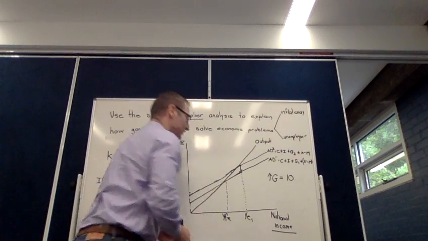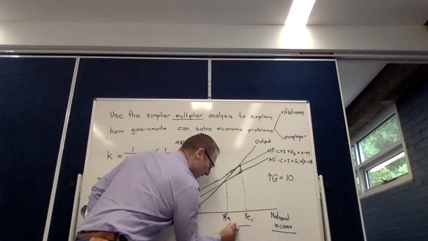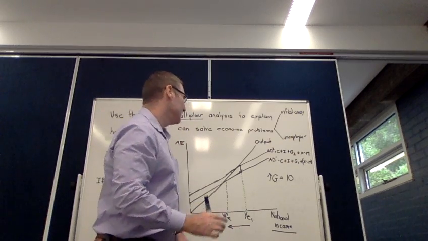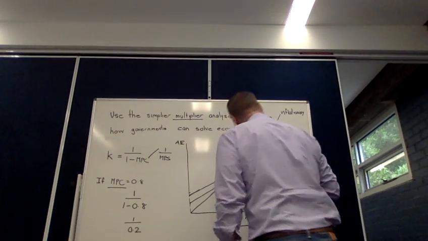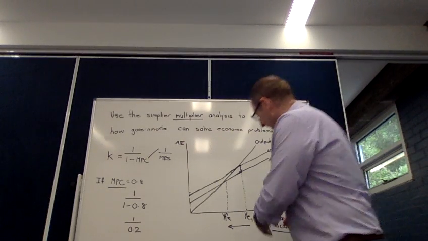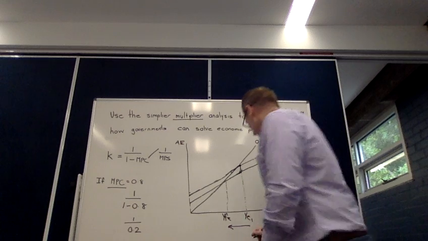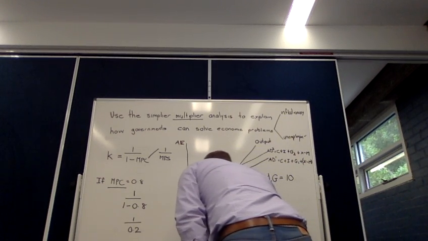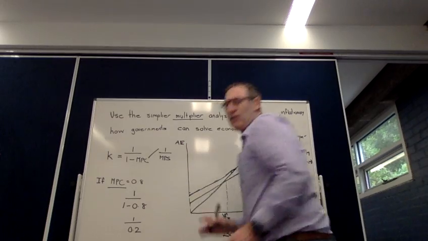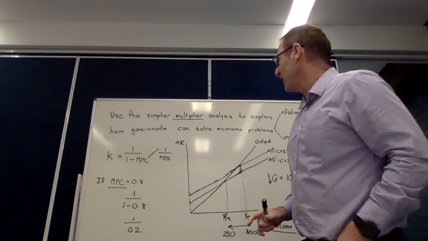So I want to reduce that by 10, so the government here would reduce government spending to get the level of national income down from 300 to 250. So try and reduce that inflationary gap.